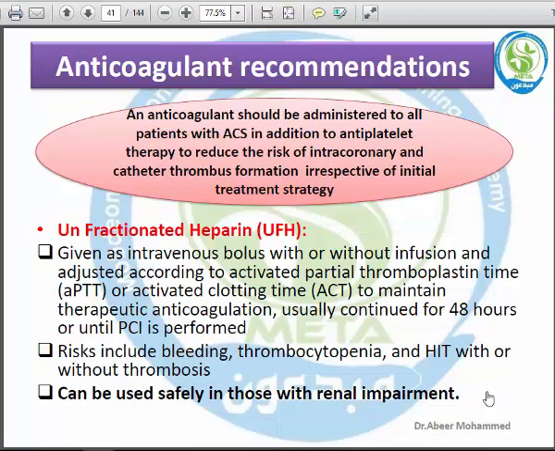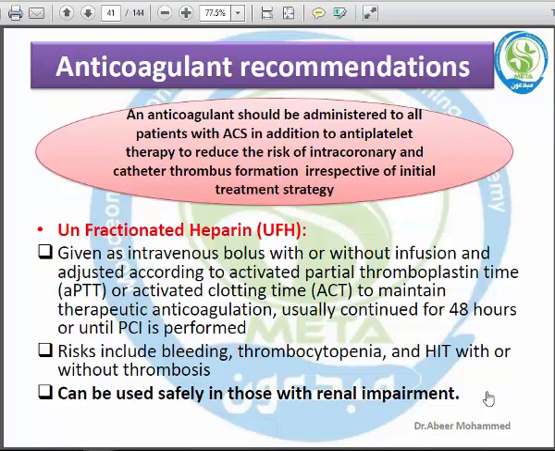Usually we continue unfractionated heparin for 48 hours or until PCI is performed, if the patient is going for PCI. The risk of unfractionated heparin is bleeding; it can also cause thrombocytopenia, also heparin-induced thrombocytopenia (HIT), with or without thrombosis.